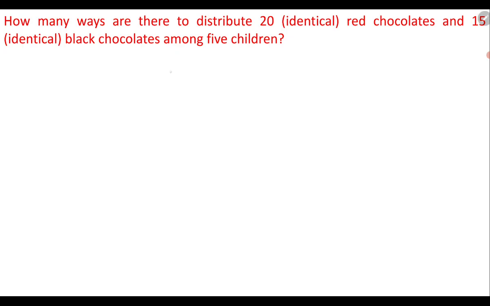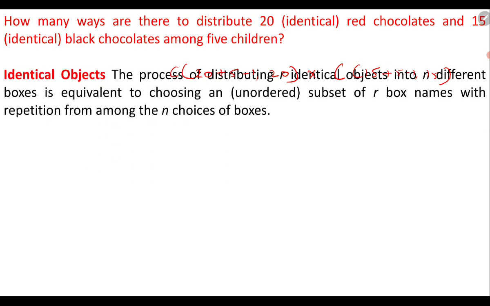So when I say 20 identical and I have to select from 5 possibilities because 5 children are there, so it is C(r + n - 1, r), that is C(20 + 5 - 1, 20), and similarly C(15 + 5 - 1, 15). This means that the process of distributing r identical objects into distinct boxes is equivalent to choosing a subset of all box names with repetition among n choices of boxes.